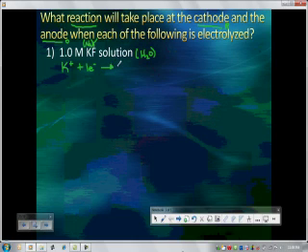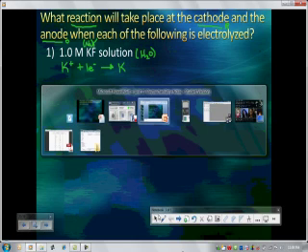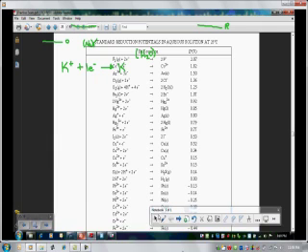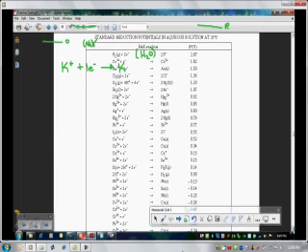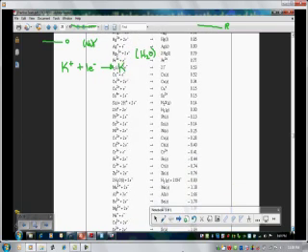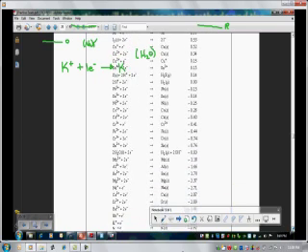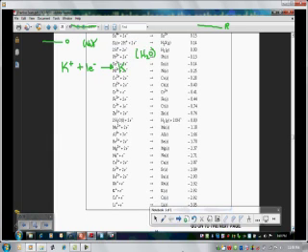And if you're not sure what to write for potassium, you just look at your reduction table and see what that reaction looks like. So let's go there. I opened the reduction table. Here it is. The potassium reaction will probably be down towards the bottom. There it is, I see it. Way down towards the bottom.